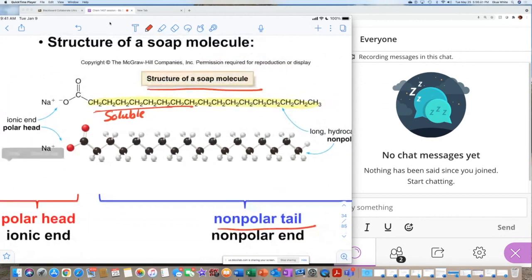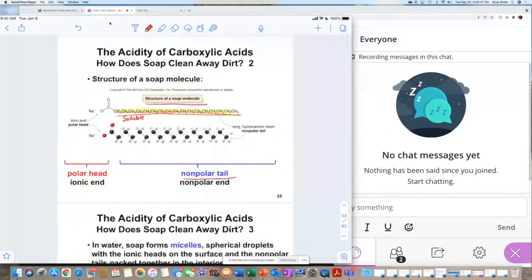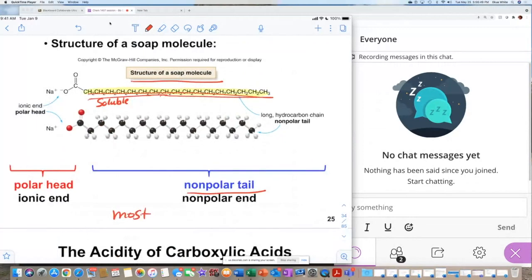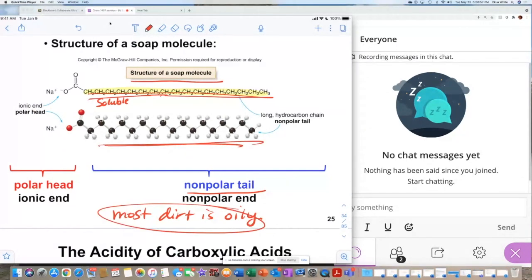Okay. So why do we need fatty stuff for the soap? Why do we need something that's fatty or oily? Because most dirt is oily. And so your dirt will be dissolved by this part of the soap. Isn't that neat? Okay. The oily tail is to trap dirt.